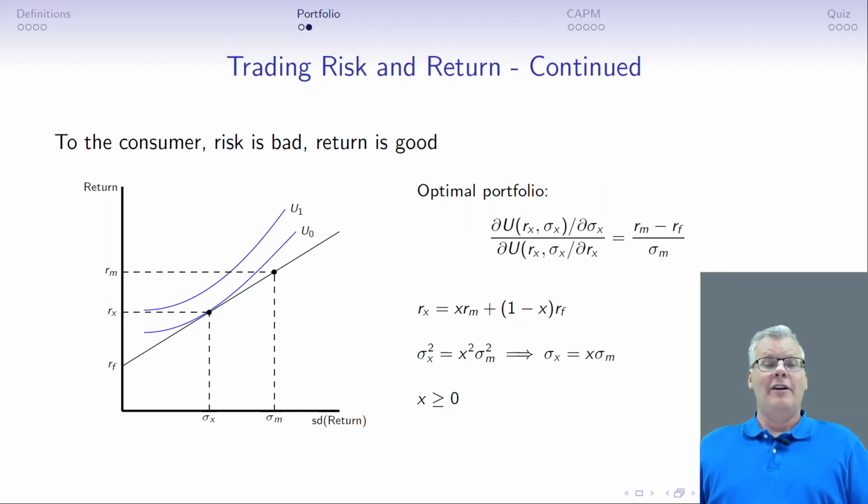And as before, if we want to find the optimal choice, or in this case, the optimal portfolio, what we would do is we would set the slope of the indifference curve equal to the slope of the budget line, and then choose the place where they're tangent, right? So we have the slope of the indifference curve, that's on the left. We have the slope of the budget line, which is on the right. And when I set those equal, this defines R sub x, right? That's the point of tangency.